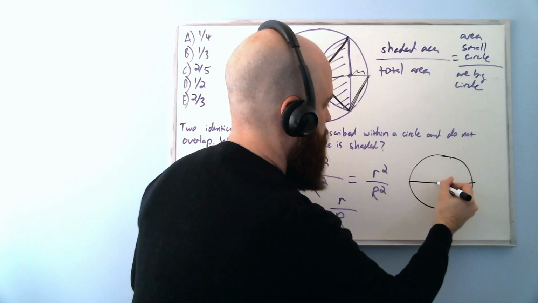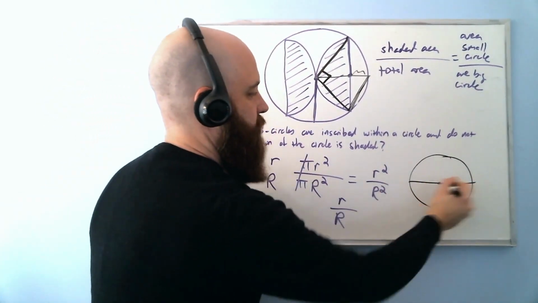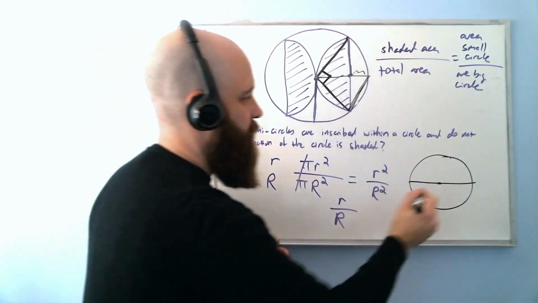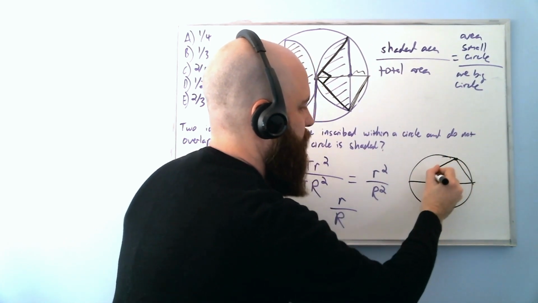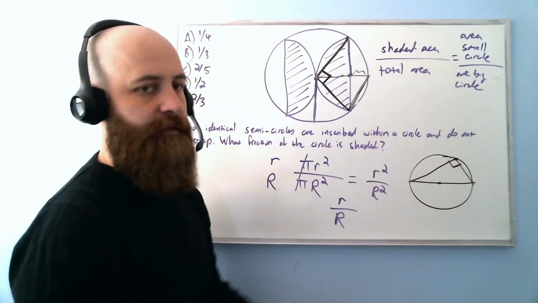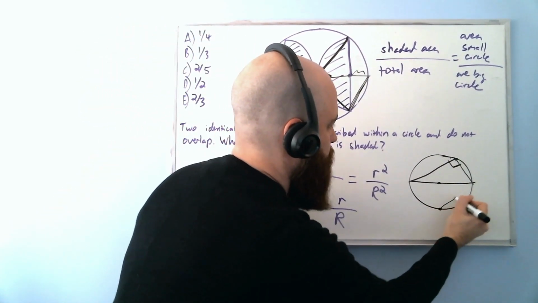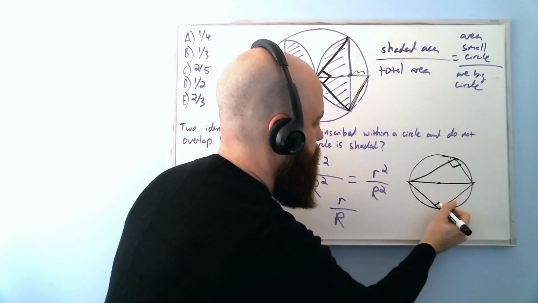So let me just emphasize that point. Here's the diameter of a circle. This right here is a diameter of a semicircle. And if I draw two lines that hit the edges of that semicircle, no matter where I start, that's going to make a right angle. I could do it on the bottom also. If I go like that, that makes a right angle.